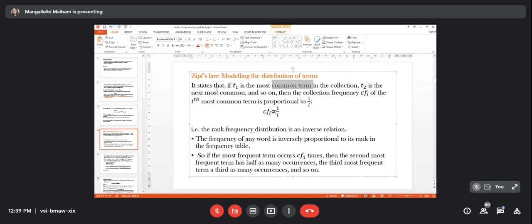Frequency is nothing but the number of times a term occurs in the collection. So the most common term you consider as term 1, and the next most common term as term 2, then the collection frequency, denoted by CF i, of the ith most common term is proportional to 1 by i.